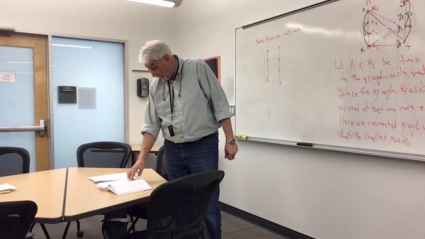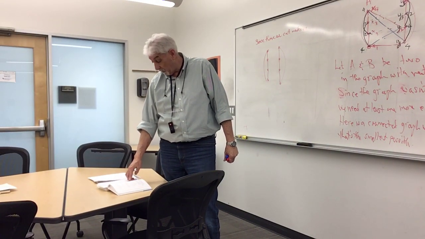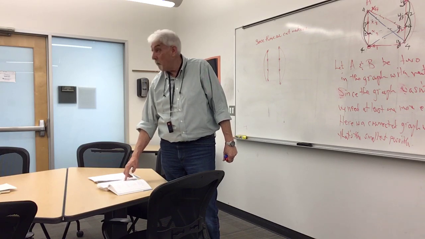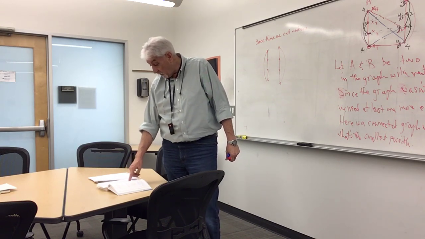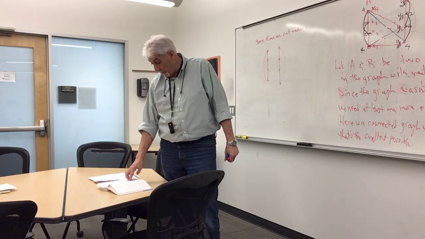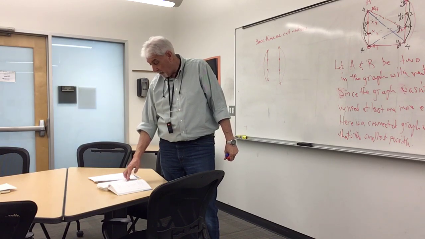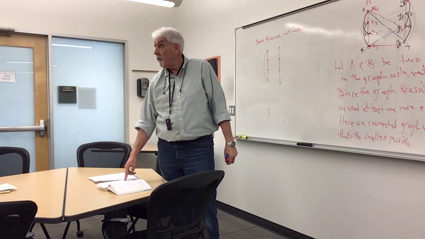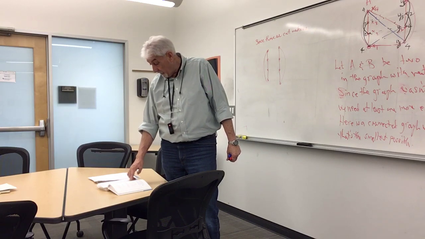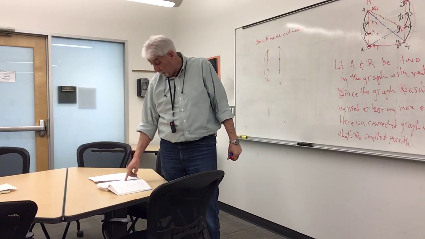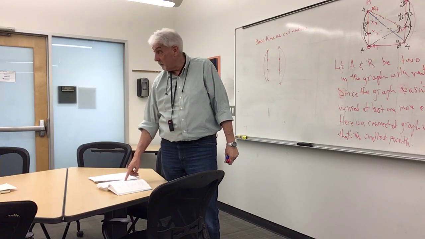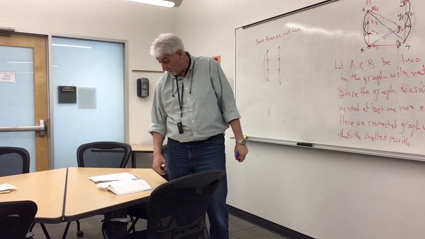I have n vertices from the original graph, and then k more. That sequence has n plus k entries.